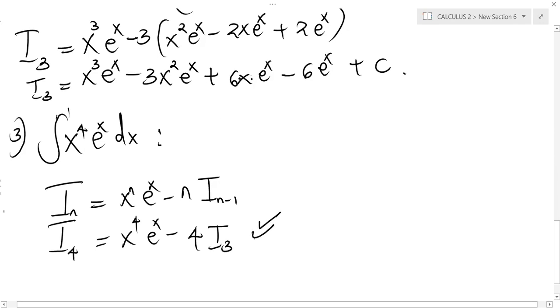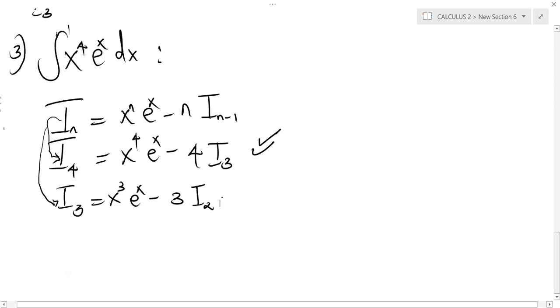This is our answer. But now we need to get I3. Let's go on and get I3. So I3, we are now just using the general formula to get this value. So I3 will be x cubed exponential x minus 3I2. Then now we need to get I2. So still using the general formula, what will our I2 be? I2 is equal to x squared exponential x minus 2 I2 minus 1, that will be I1.